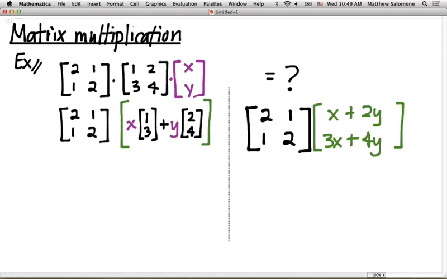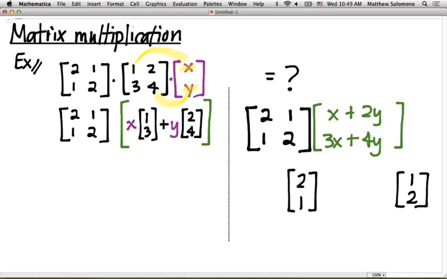So on the right-hand side, how do I multiply this matrix by this vector? I'm going to again take a linear combination of the columns. The first column 2, 1, and the second column 1, 2. Except what are the coefficients of my linear combination this time? When we did our last linear combination, we took x of the first column and y of the second column.